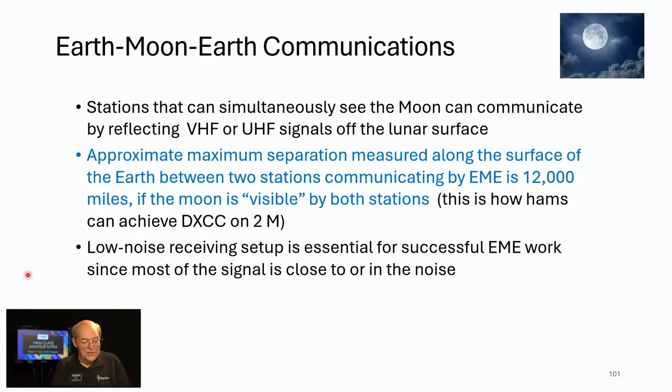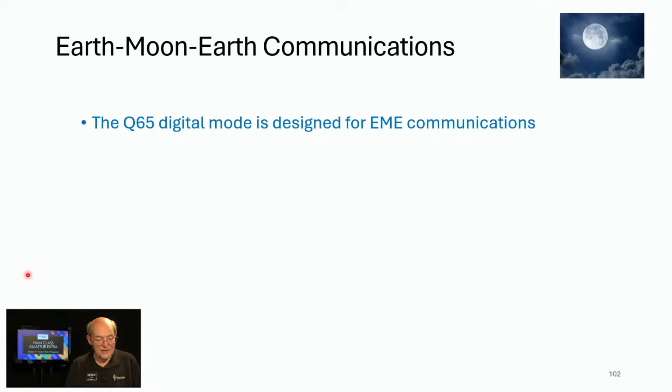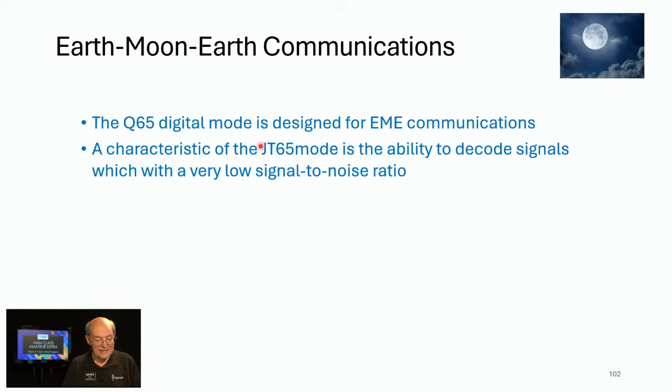Still, low noise receiving is essential because the signals are so weak. Q65 is the digital mode commonly used for EME today. And JT65 was the mode that was first used for moon bounce.